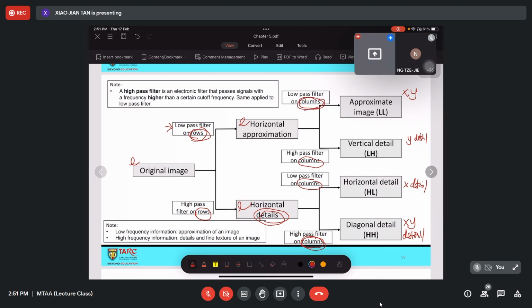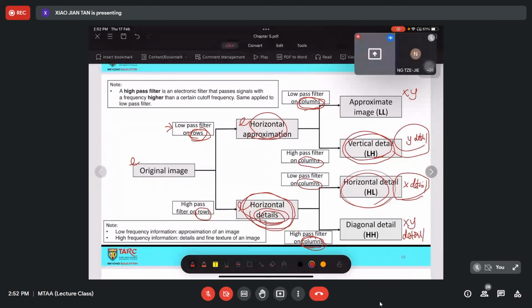The high frequency information is always dominant. So when you have approximation in one direction and high frequency information in vertical, it is dominated by the vertical. When you have high frequency information in horizontal and low frequency information in vertical, it is dominated by the horizontal.